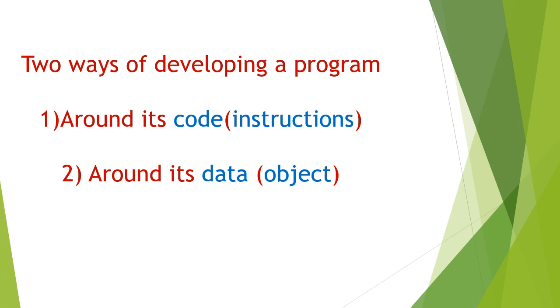The two ways of developing a program are: first, a program can be developed around its code. Code means instructions of the program or statements of the program. And the second method is developing a program around its data or object.